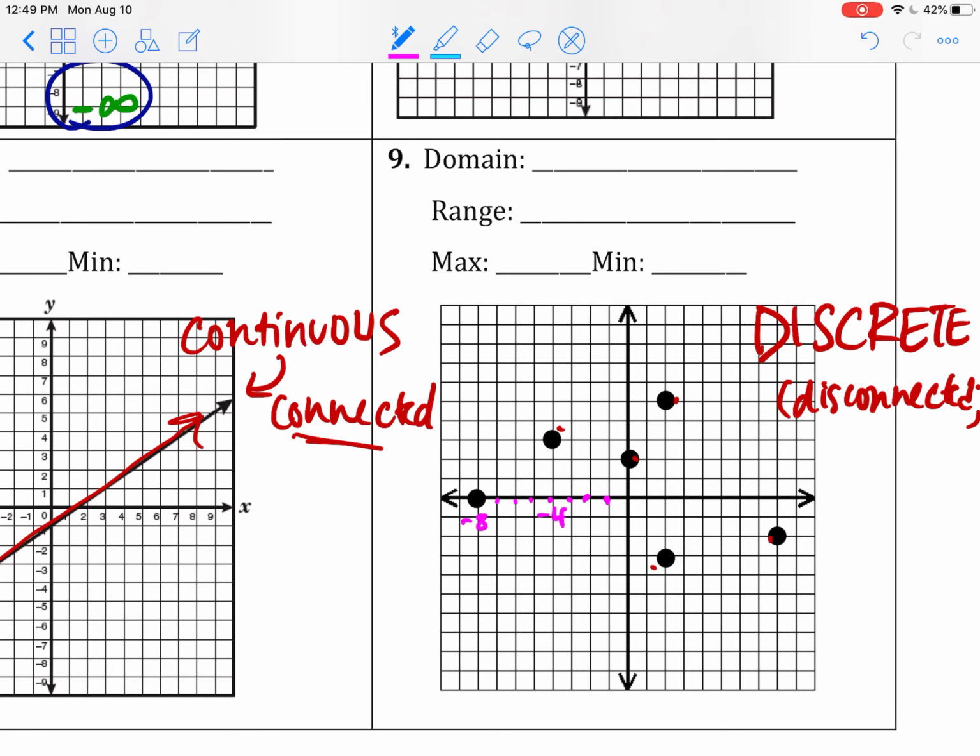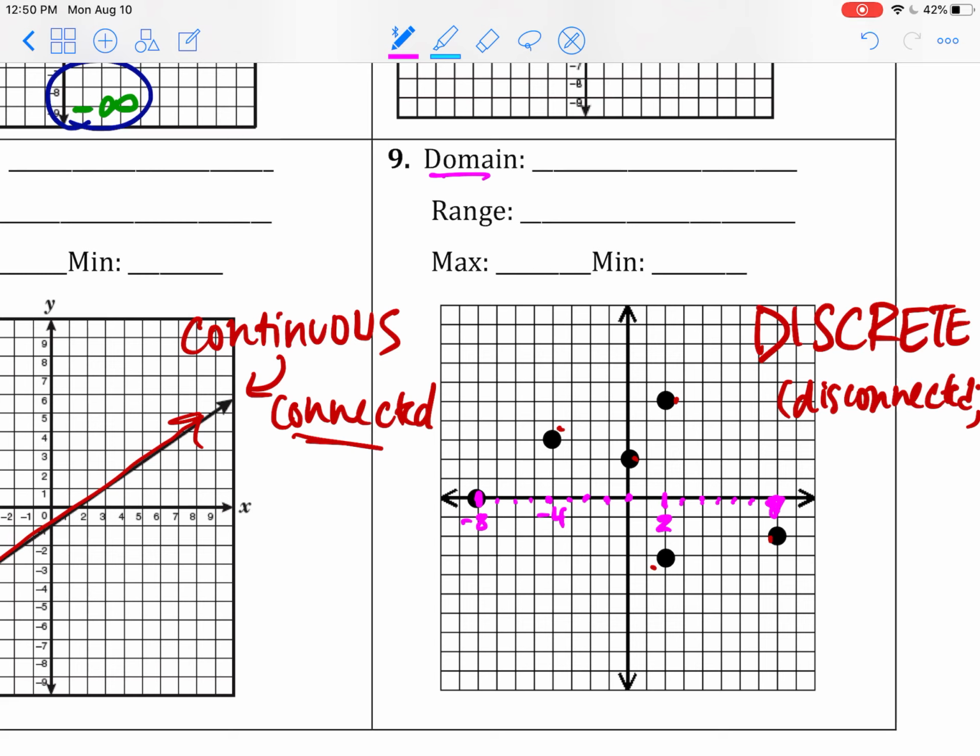Okay, and so for domain, we're scanning from left to right, so our first x value is -8, followed by -4, followed by 0, followed by 1, 2, 3, 4, 5, 6, 7. Oh, that's 2, sorry. 2, 3, 4, 5, 6, 7, 8.